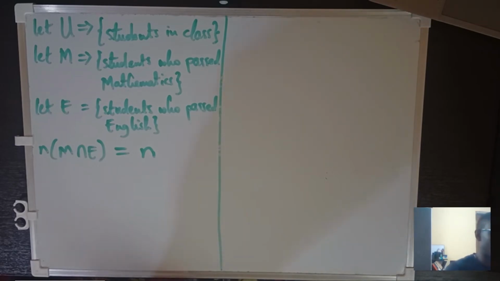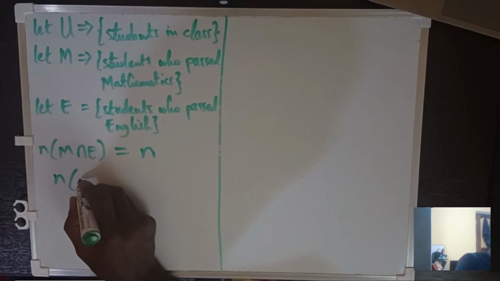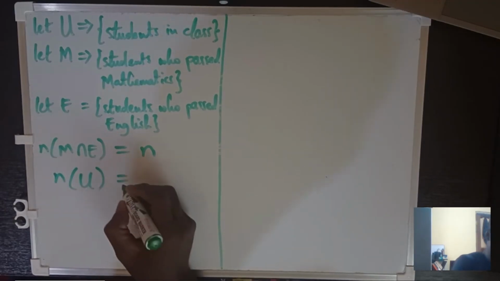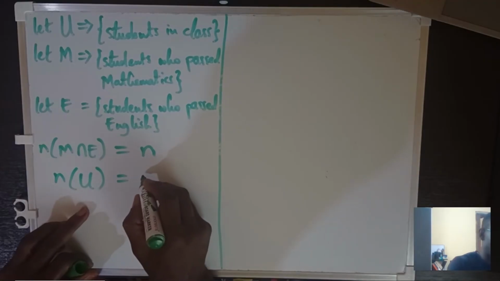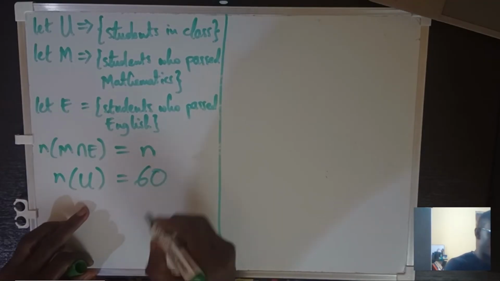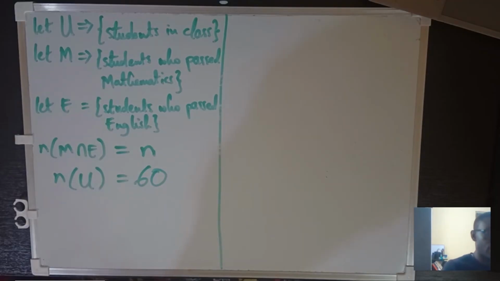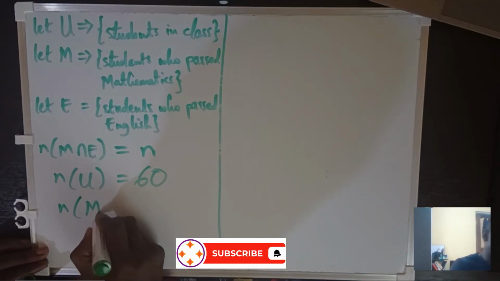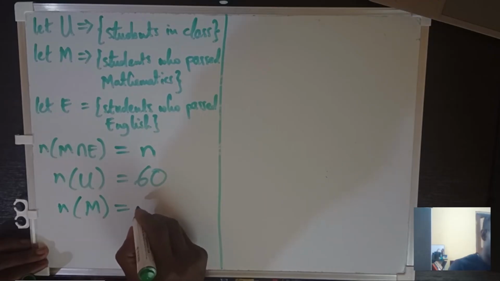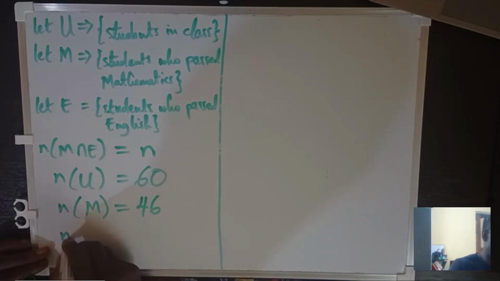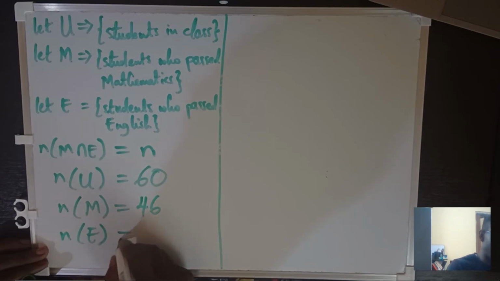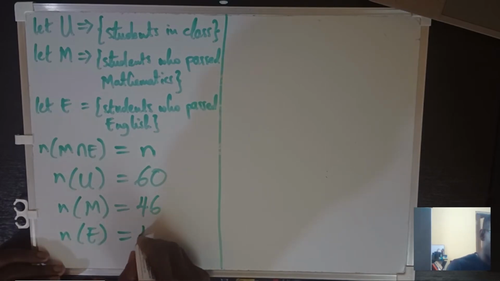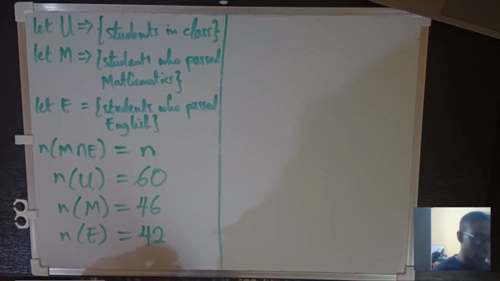It was also stated that there are 60 students in the class, so n of U is 60, since U represents the total number of students. We are also told that 46 students passed mathematics, so n of M is 46, and n of E, the number of students who passed English language, is 42. So this is our data.